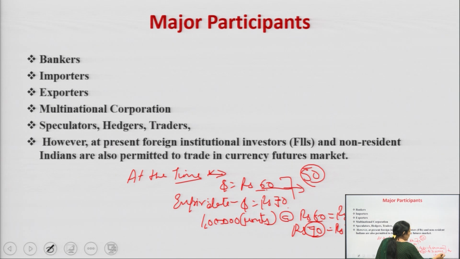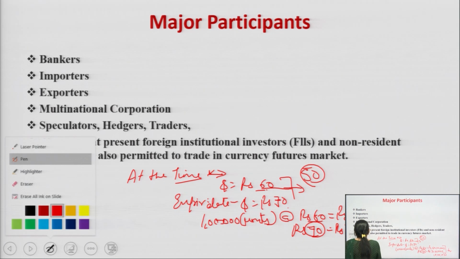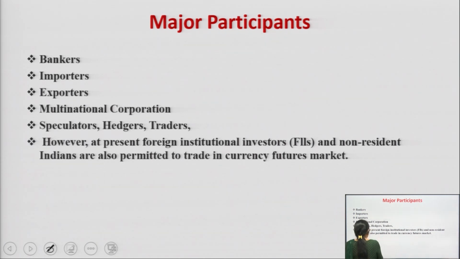That is why importers or exporters hedge their risk with the help of currency future contracts. There is another situation also. If he does not buy the currency future contract and does not do the trading, then he has to pay the whole amount, which means he has to suffer the loss.